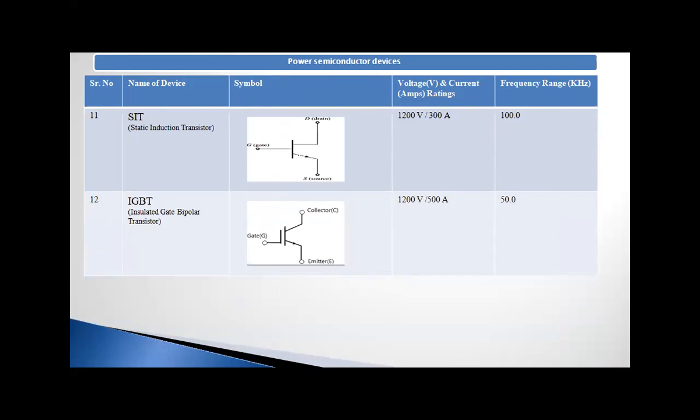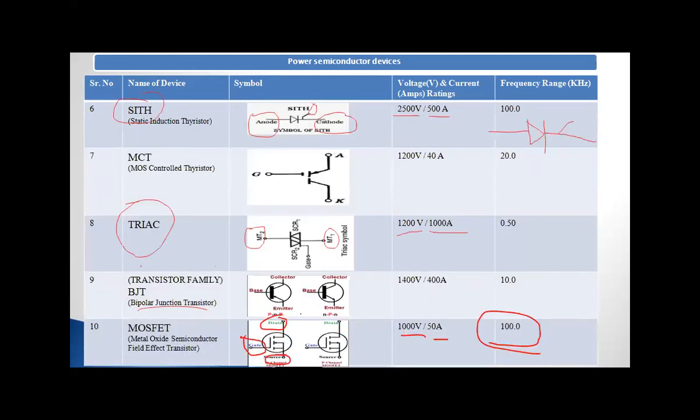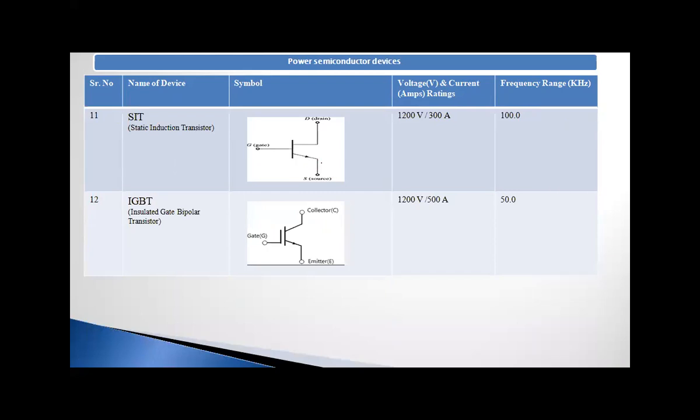But the symbol is slightly different. The terminals of MOSFET are gate, drain, source, and the terminals of SIT are also gate, drain, source, but the symbol is different. Its voltage rating is 1200 volts, current rating is 300 amperes and frequency range is 100 kilohertz. It is also a high frequency device. Clear?